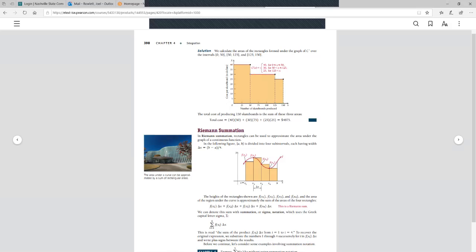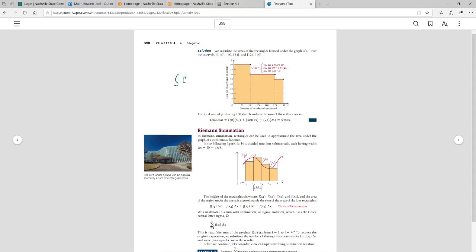Because if we take the antiderivative of the derivative, which is the marginal cost with respect to x, it gives us the cost function, right? Plus c. Now, luckily, we don't have to worry about the plus c because we have initial conditions. We know parameters here, right?